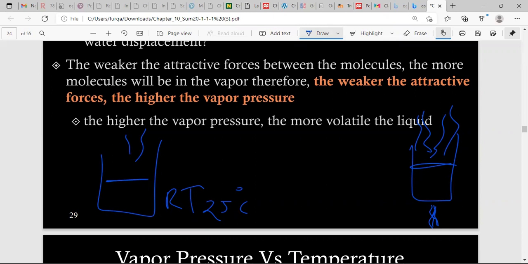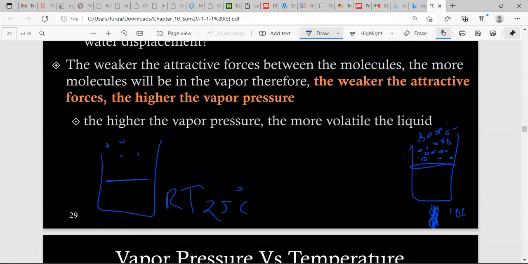So if we look at this, you will see very few vapors here, versus when you apply heat to it, you will see a lot of vapors, steam coming out of it. Quickly, in a few minutes, you will see that this is happening.